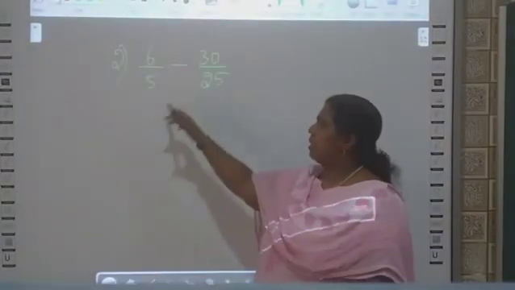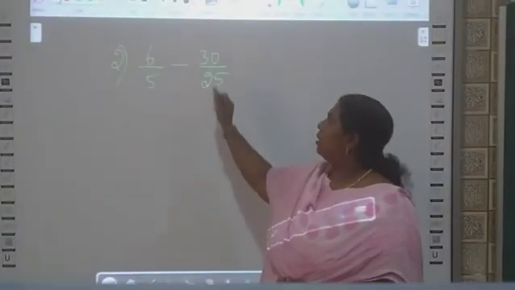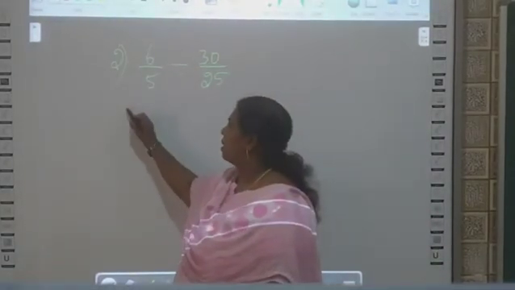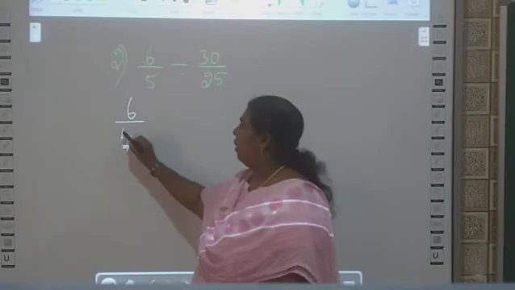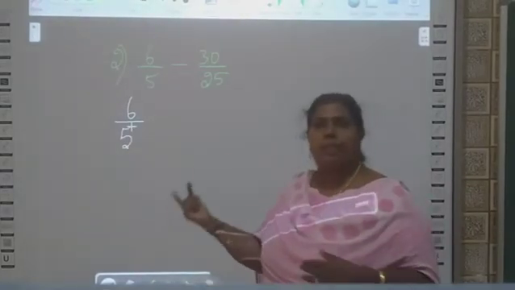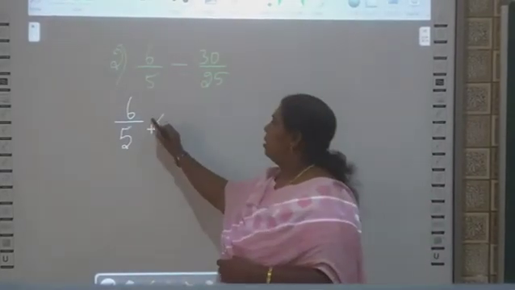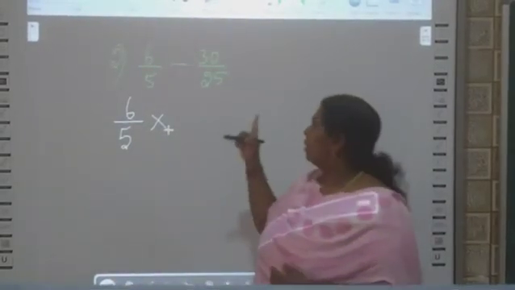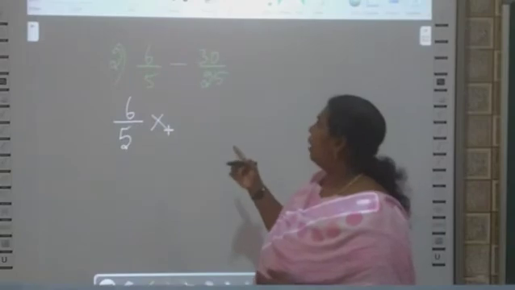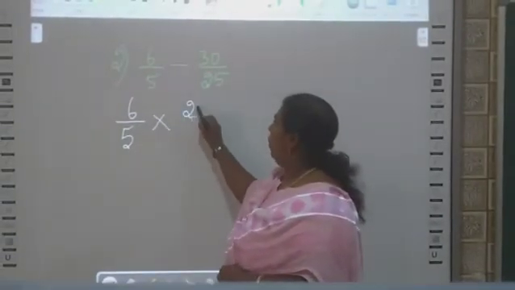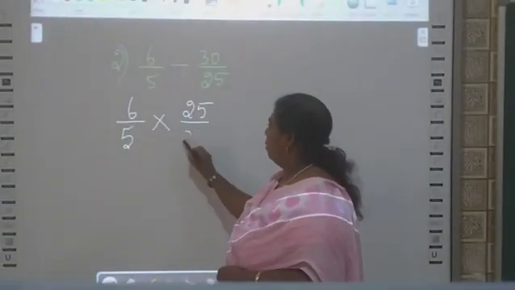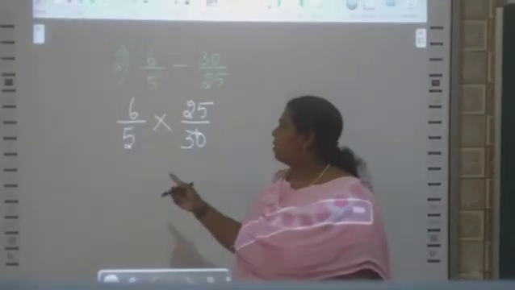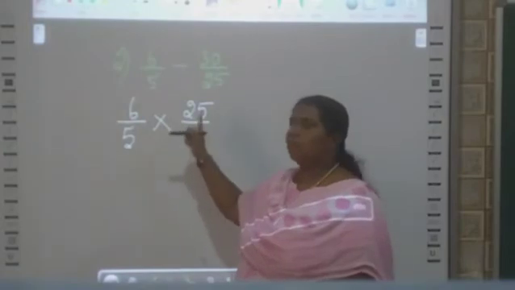Second example, 6 divided by 5 divided by 30 divided by 25. First step, write the first fraction as it is, 6 divided by 5. Next step, change the sign. Then take the reciprocal of the next fraction: 30 divided by 25 becomes 25 divided by 30. Now we can reduce it. See here 5, here 25.